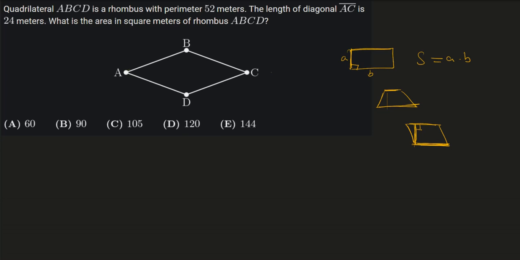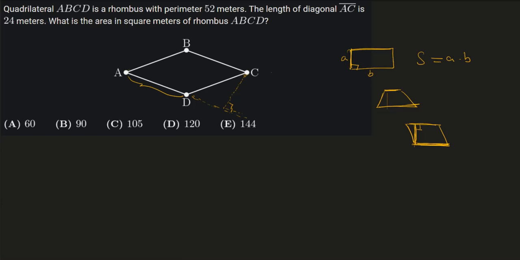But for this problem, even if we do that, let's say we draw a perpendicular line from C to the side AD, even if we do that, certainly from the perimeter of this rhombus, we know that this side length is 1/4 of the perimeter.